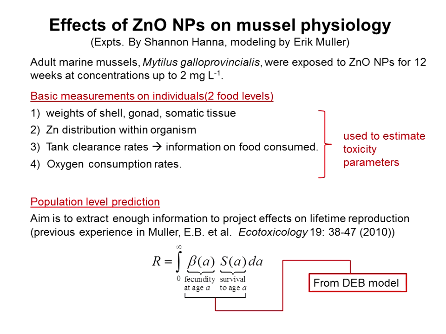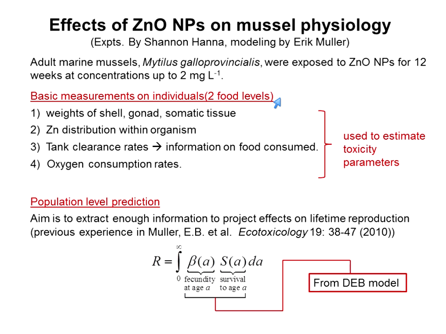Here's an illustration of the approach, and it involved experiments largely done by Shannon Hanna, who recently completed his PhD here at UCSB, and modeling done primarily by Eric Muller. There were a series of basic measurements on individuals performed at different food levels.